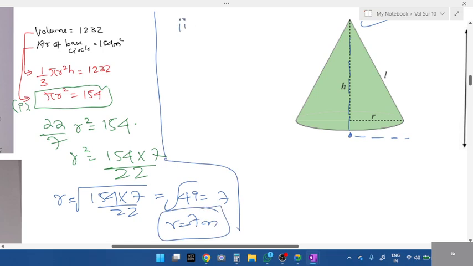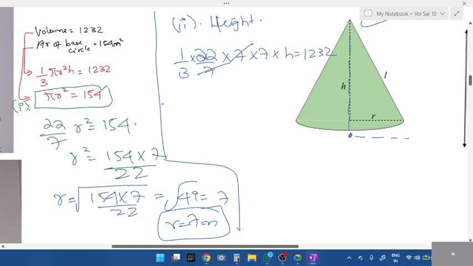Radius is 7 meters. Next they have asked us to find height. For height use 1 by 3 into pi, which is 22 by 7, into r, 7 into 7, into h is equal to 1232. 7 and 7 get cancelled. H is equal to 1232.